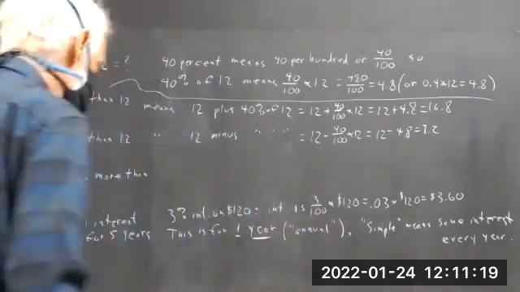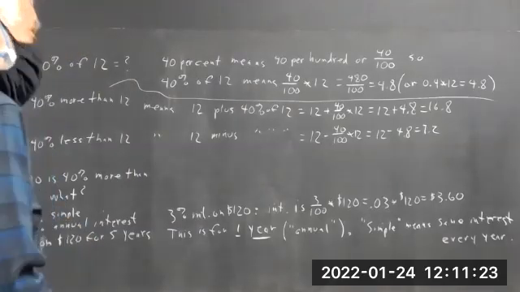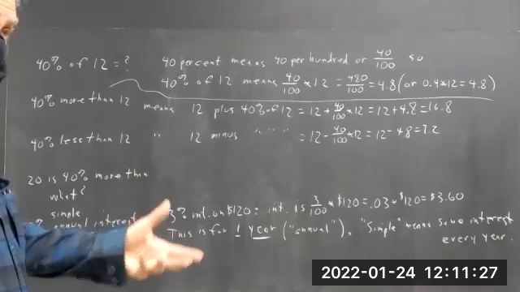So back to this problem, it's simple interest, it's not compounded. It wouldn't be hard to calculate the compound interest. You could do that for 5 years, but you have to do 5 calculations.